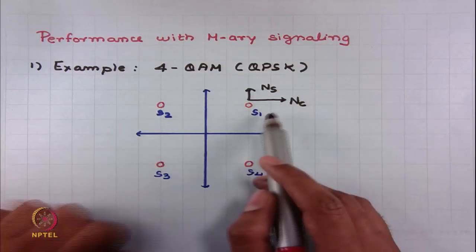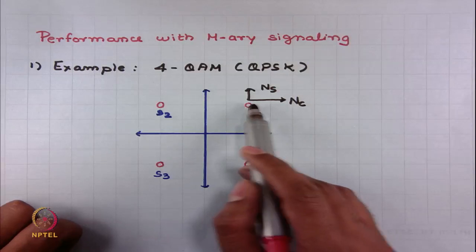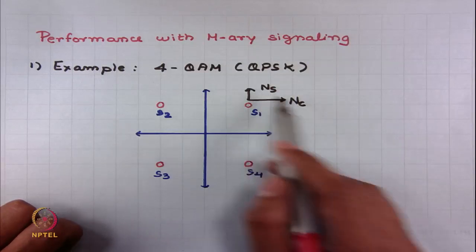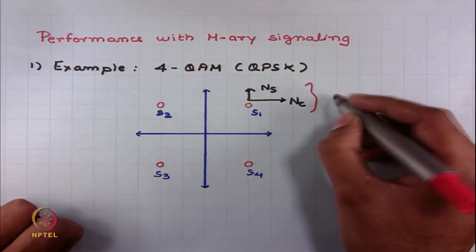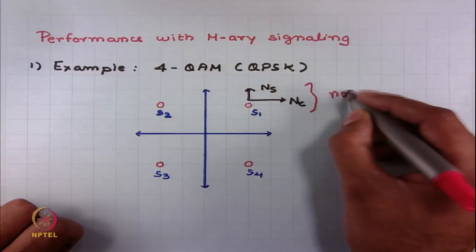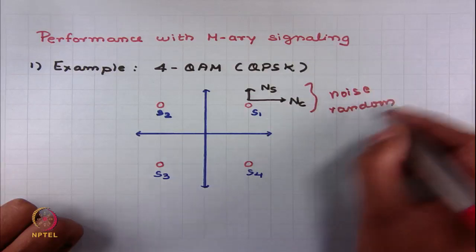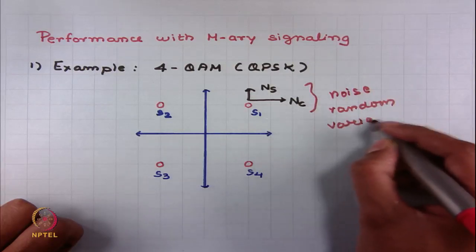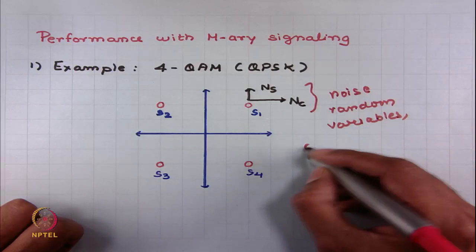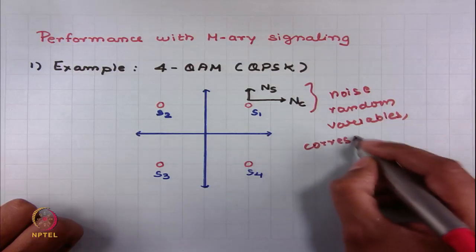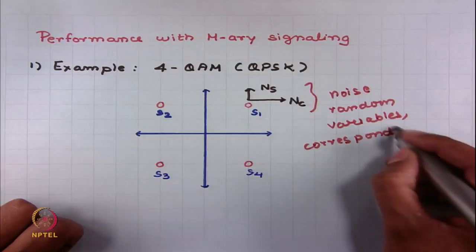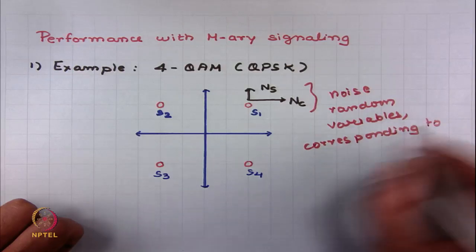Also, you can look in this picture, we have shown NC and NS, these are the noise random variables corresponding to I and Q channel.